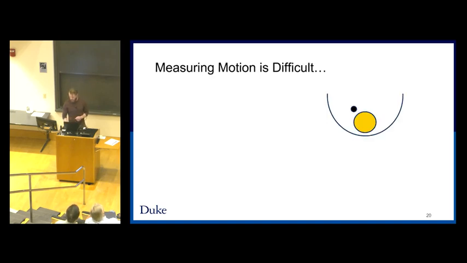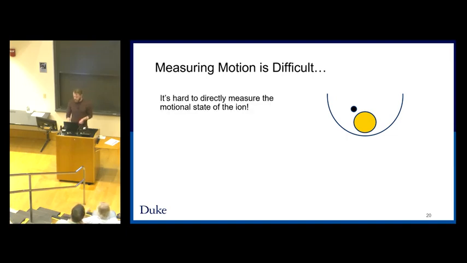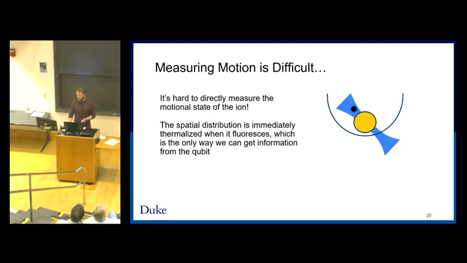So the problem with measuring this wave function at the end is that even in trapped ions, measuring motion is a little bit difficult. And when I say a little bit difficult, it's actually very difficult. That's because it's hard to directly measure. You only ever measure the qubit state of an ion. And when you do that, you shine laser light on it, and if it's in a certain state, it's going to fluoresce.